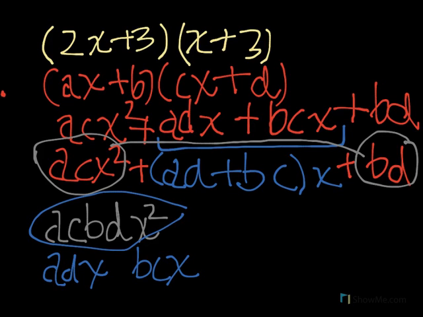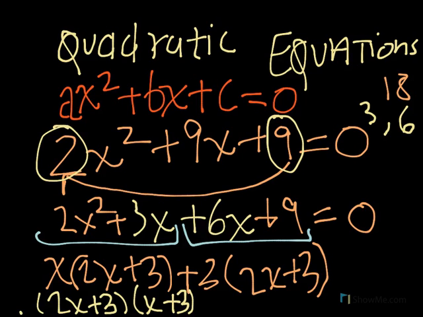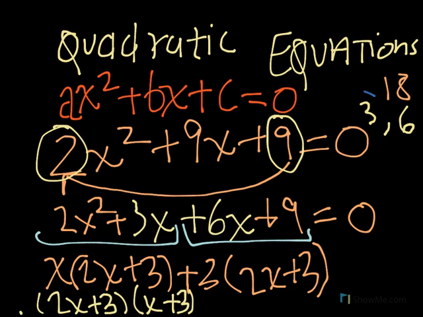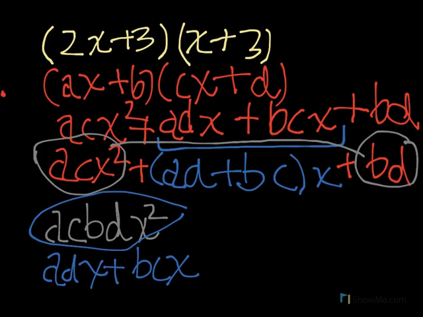Now let me go back to the previous thing where we solved. We got adx and bcx. Over here we have 3 and 6. What did we do to them? We added them to get 9. In the same way, we add them to get (ad plus bc)x. You might say we've already got this answer over here.